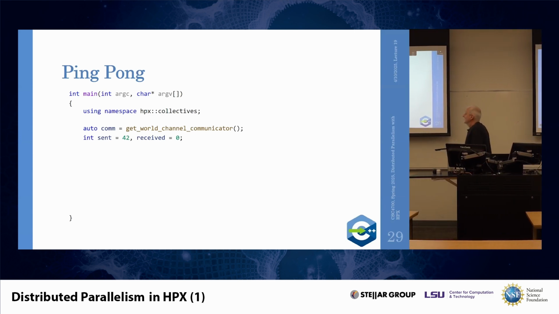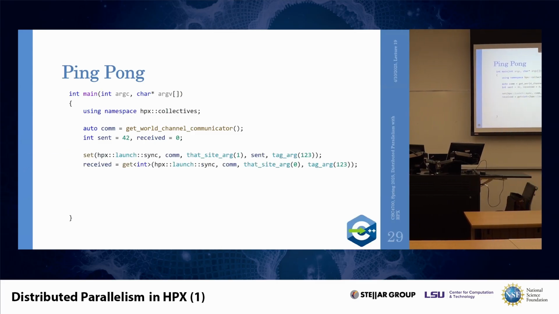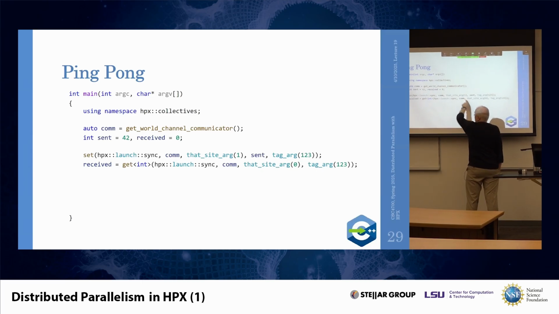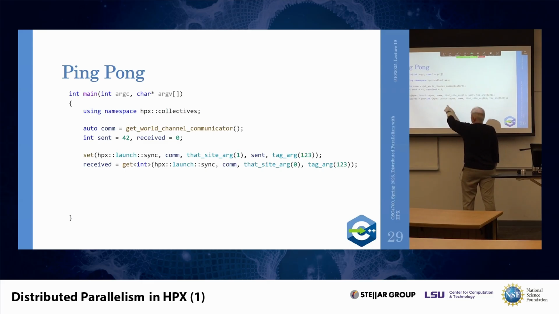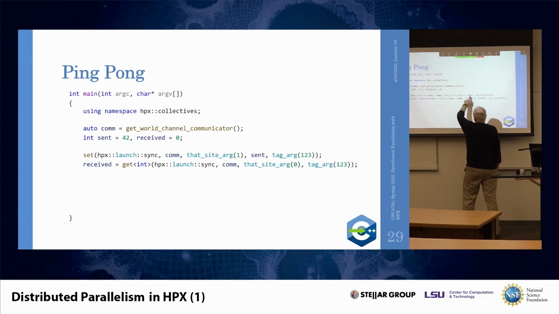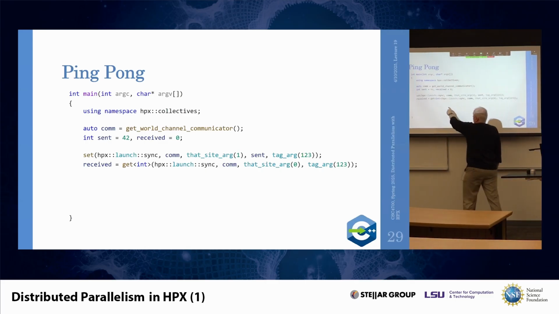Both ask the system for the world channel communicator. Then we set the value, send it to the other locality. So let's assume this is locality 0. We send it to locality 1. We send the integer we initialized over and use some tag. And then we call get.